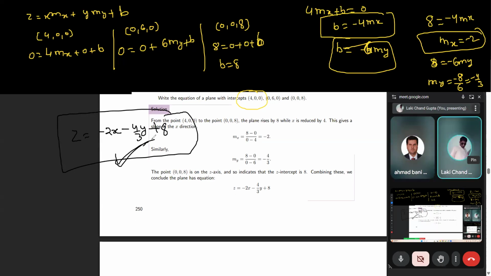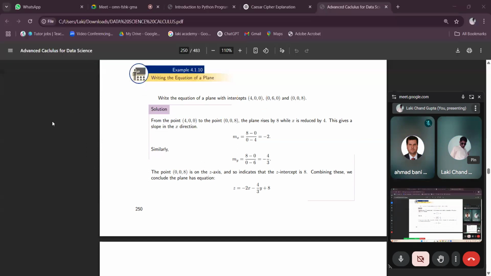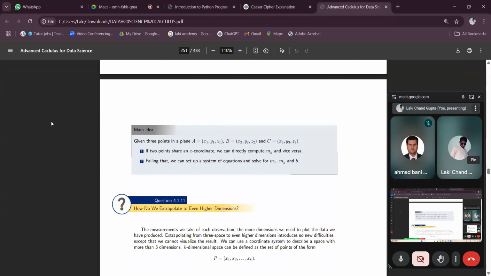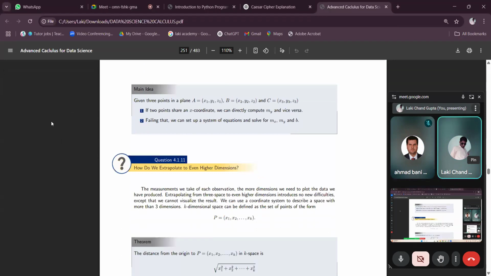Put all these 3 points and we will find all three unknowns, right? Same way.